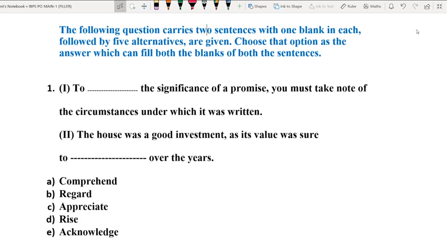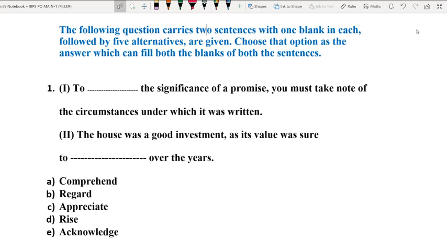Dear friends, it is as simple as that. In sentences, you will get clues, and clues will be provided either before the first blank or the second blank, if it is a double blank question.